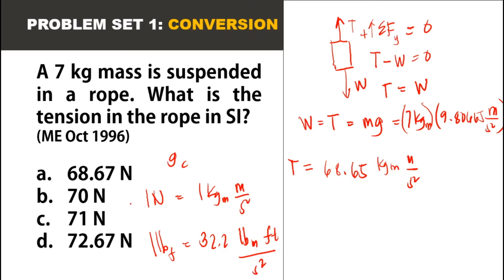These two conversions are really important in dealing not only with forces but also with energy and power. So we have 1 Newton per 1 kilogram mass meter per second squared.